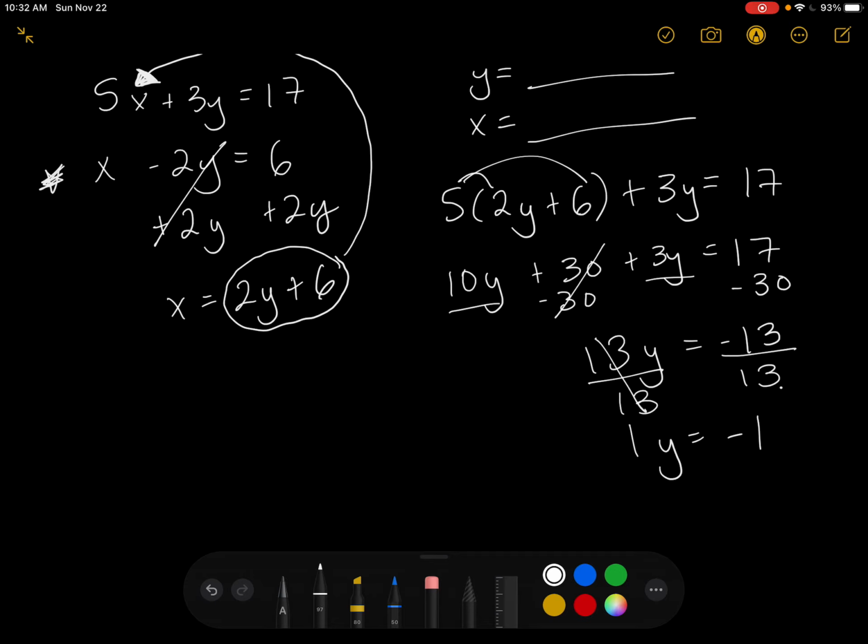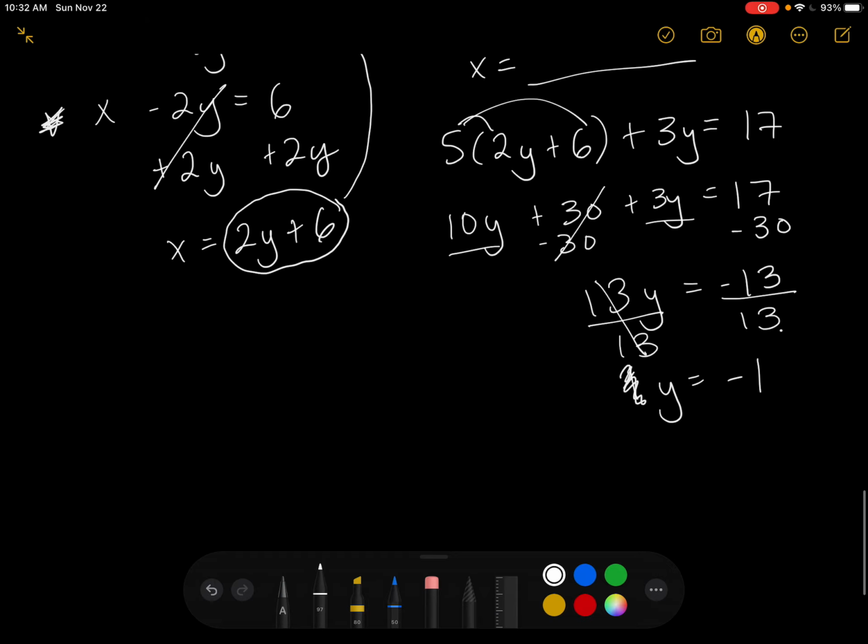So I got my y, right? Y equals -1. So now I know what y is, but remember my answer is a point, so I need to figure out what x is.